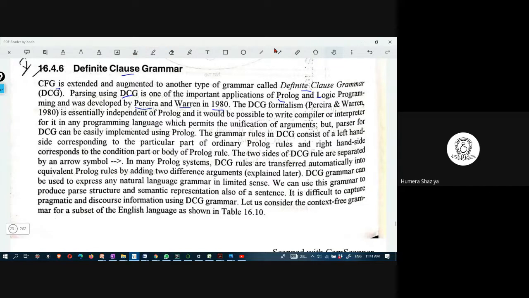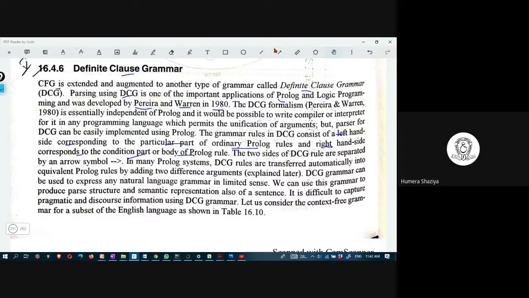In definite clause grammar, the grammar rule consists of a left-hand side corresponding to the head part of ordinary Prolog rules, and a right-hand side corresponding to the condition part or body of the Prolog rule. Like we have rules in context-free grammar, those rules could be coded in Prolog.